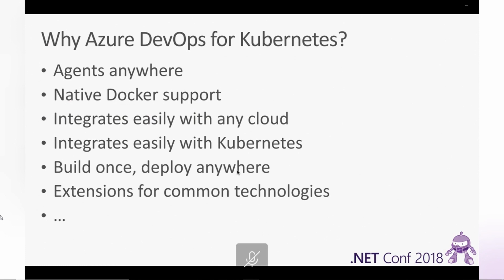You have native Docker support, it integrates easily with any cloud and with Kubernetes. Even if you install Kubernetes the hard way, you can build once and deploy anywhere, and it has extensions for common technologies like Terraform, Ansible, and things like that. So in a DevOps world, you will have pretty much everything you need to implement your CI/CD pipeline.